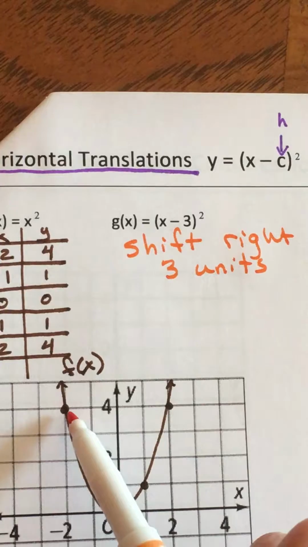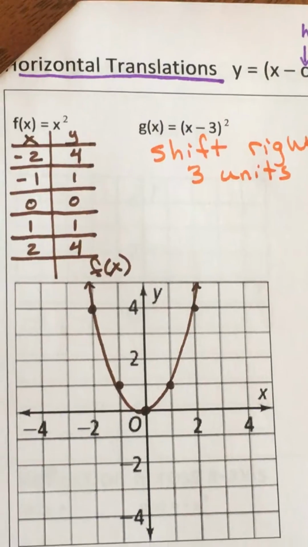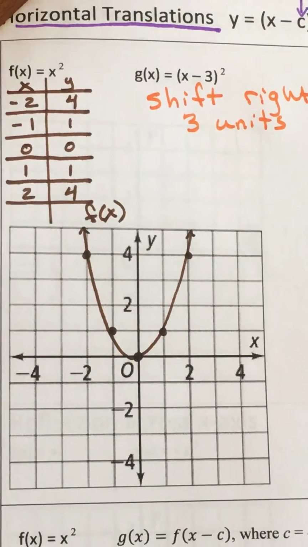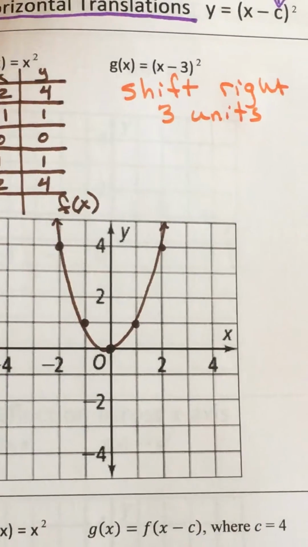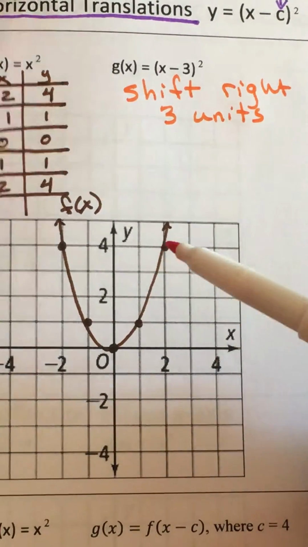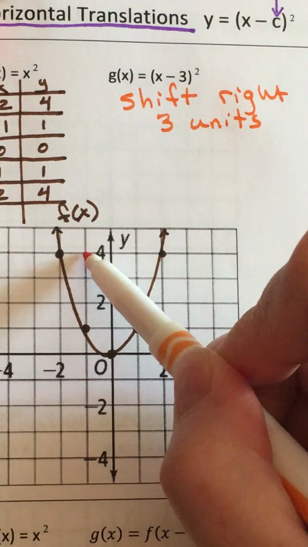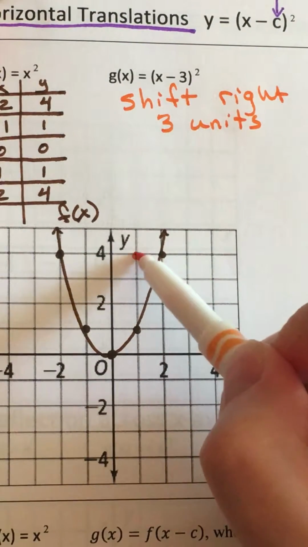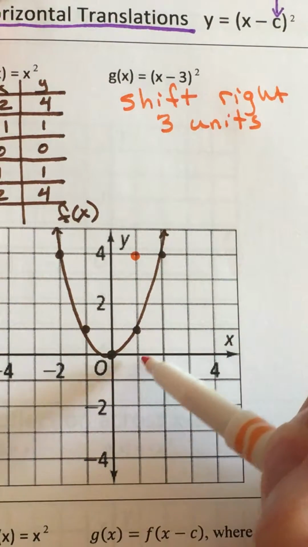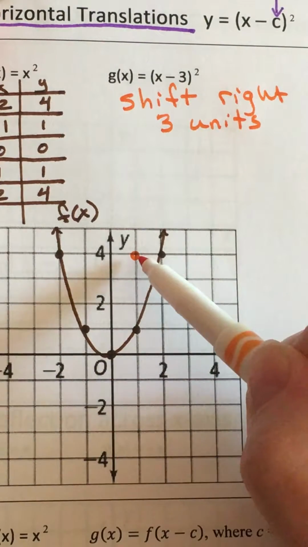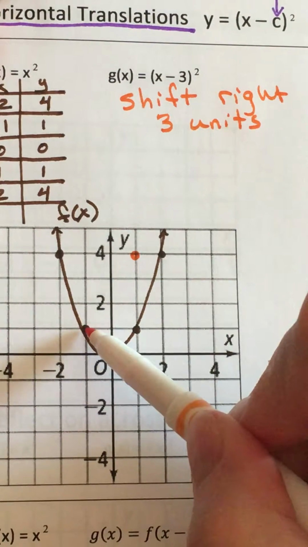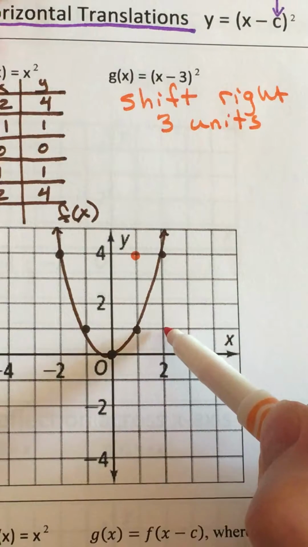So let's take each of our coordinate points and let's just count 3 units to the right and make new points. 1, 2, 3. So I now am at the point 1, 4. My second point, 1, 2, 3.